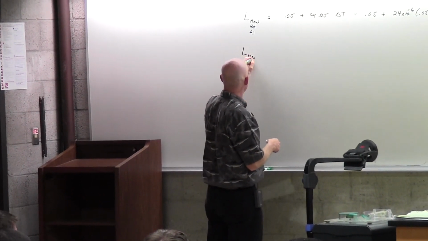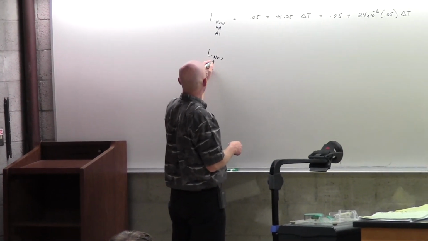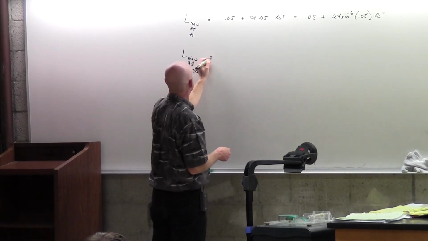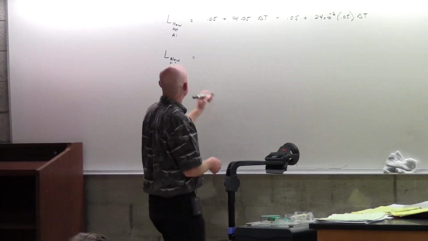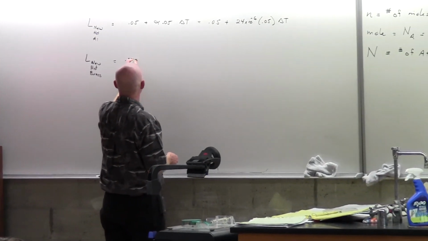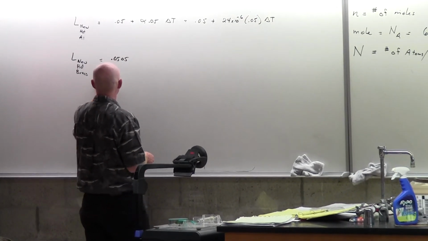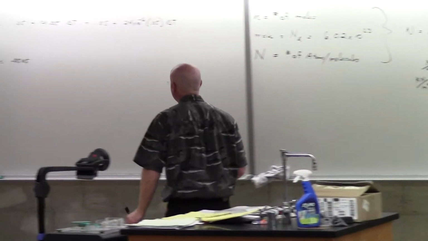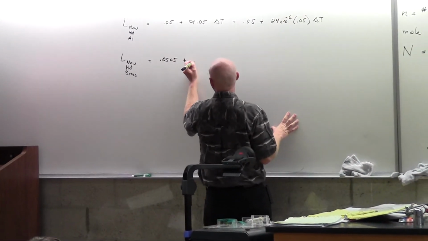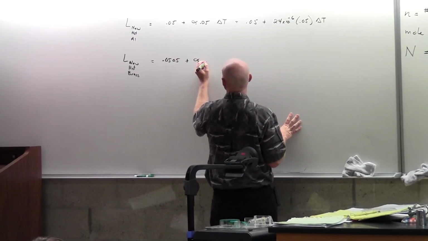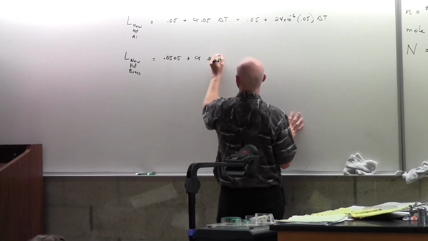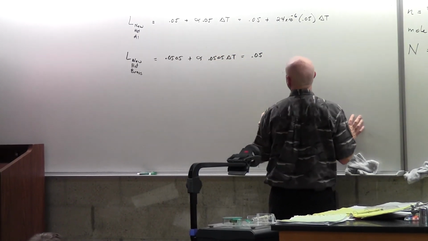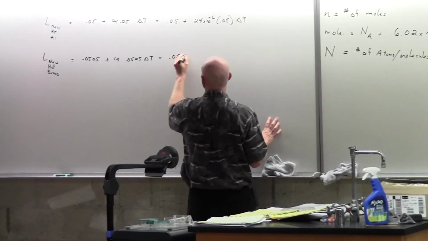How about the new size when it is hot for the brass? Well, same idea. It's 0.505 centimeters, so 0.0505 is its original size. Then again, I would have an alpha times 0.0505 delta T, putting that number in for brass.